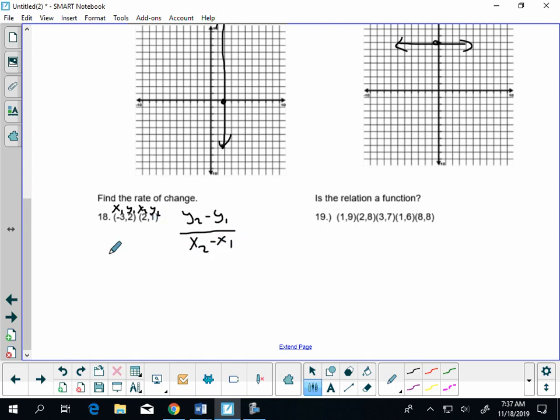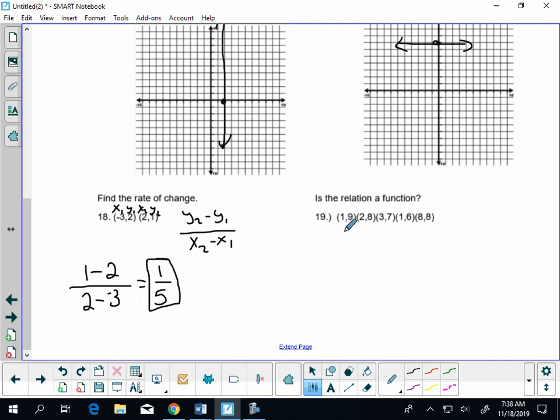Your y sub 2 is 1, do a minus sign, it's going to be 2. X sub 2 is 2. X sub 1 is negative 3. I'm going to get 1 over 5.